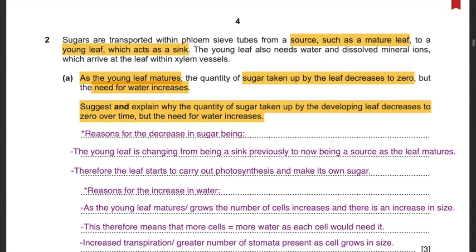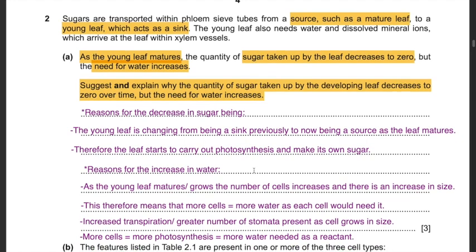So the reason for the decrease in sugar being: the young leaf is changing from being a sink previously to now being a source as the leaf matures. Therefore, the leaf starts to carry out photosynthesis and make its own sugar. As the question itself mentions, the young leaf initially acted as a sink, but now it is acting as a source as the leaf matures.